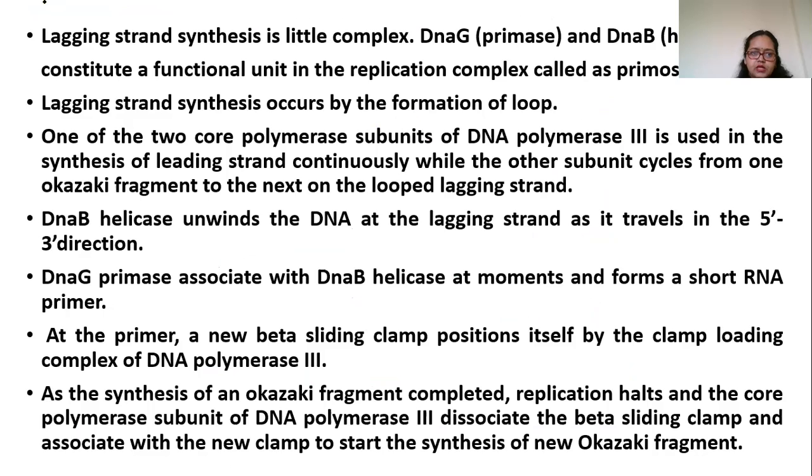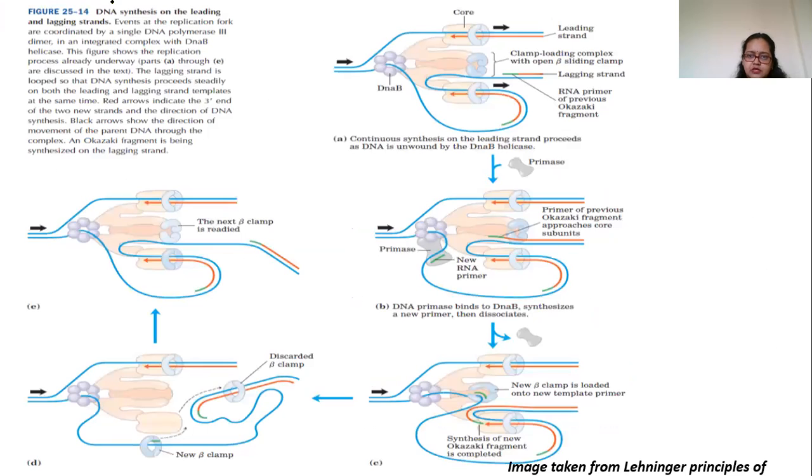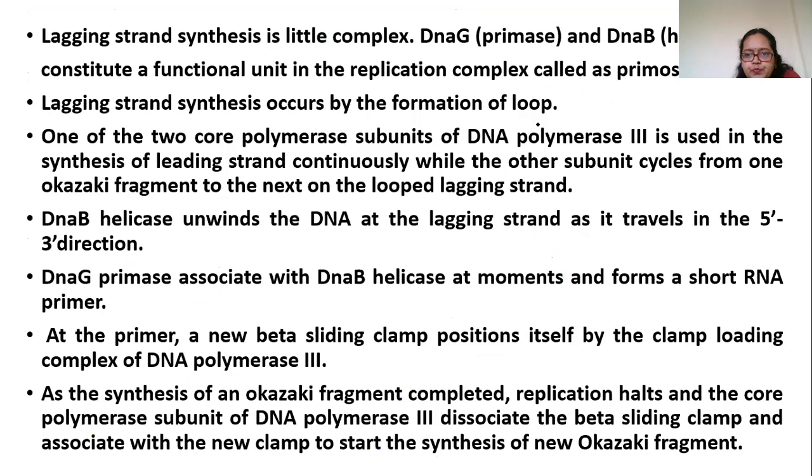Now lagging strand synthesis occurs by loop formation. In this figure, you can see this loop is created on the lagging strand. So lagging strand synthesis requires the formation of a loop.